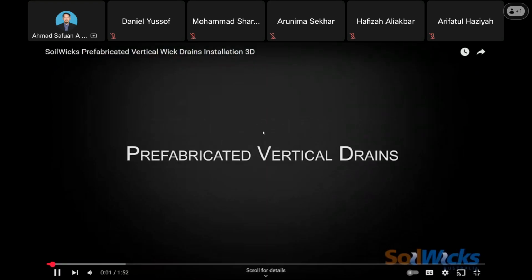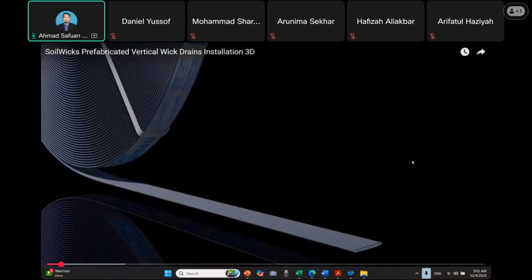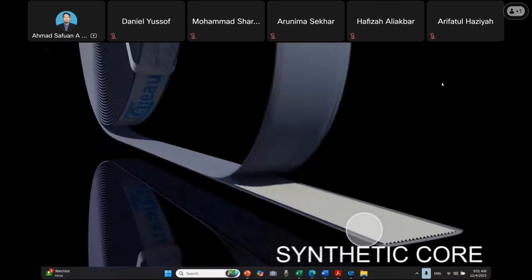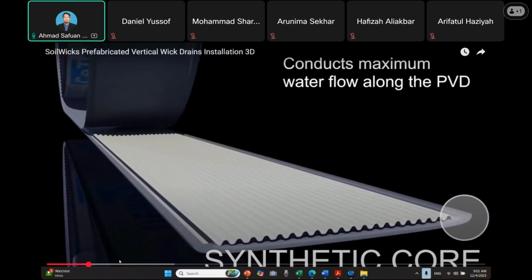So this is a pre-fabricated vertical drain.